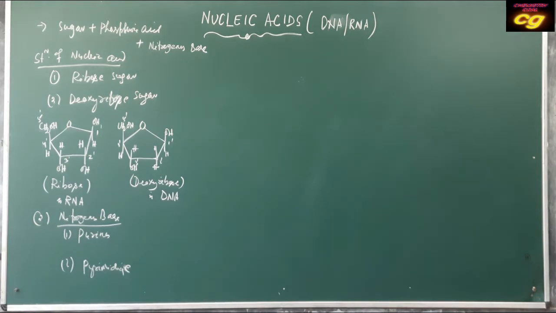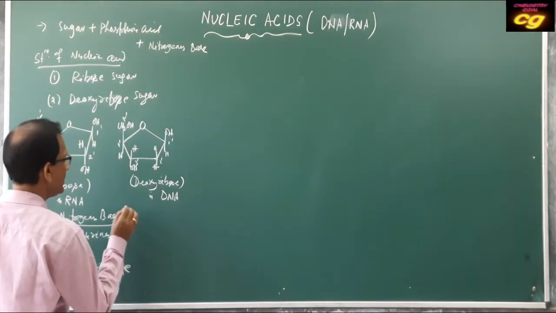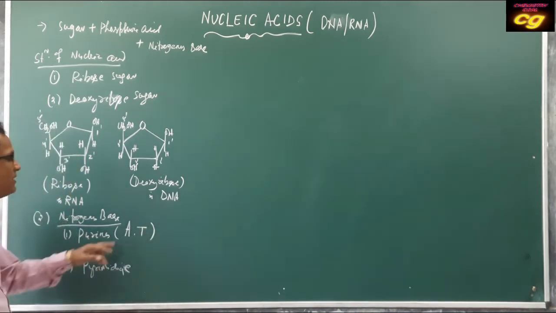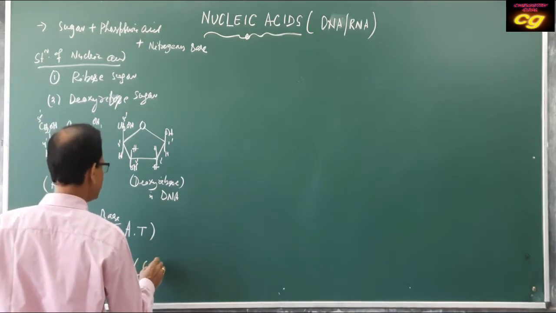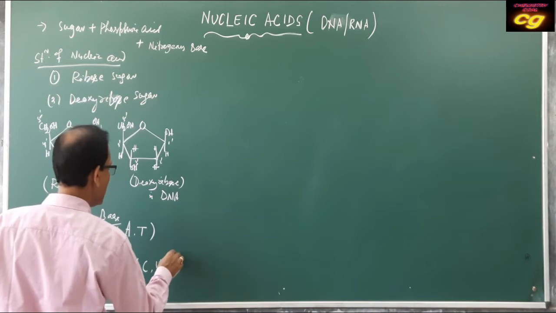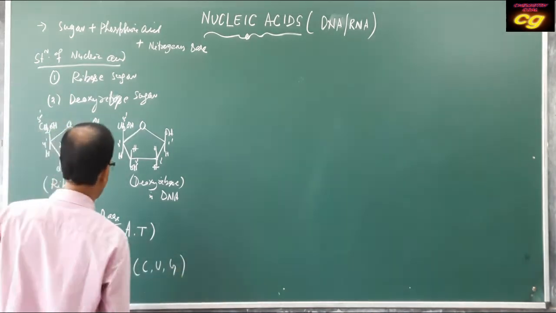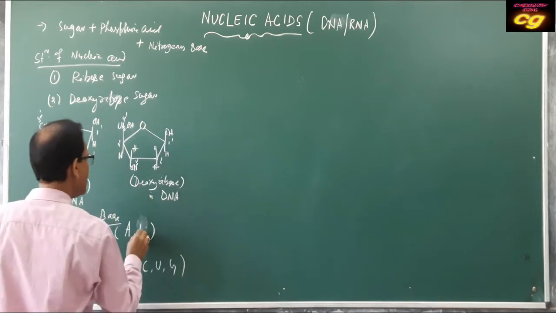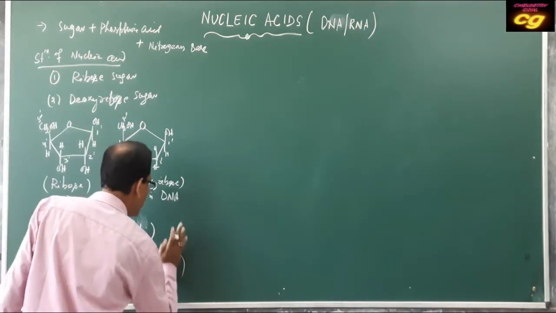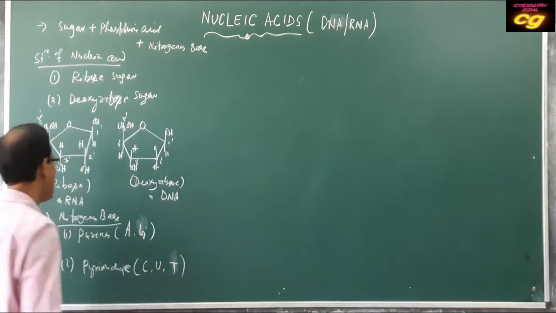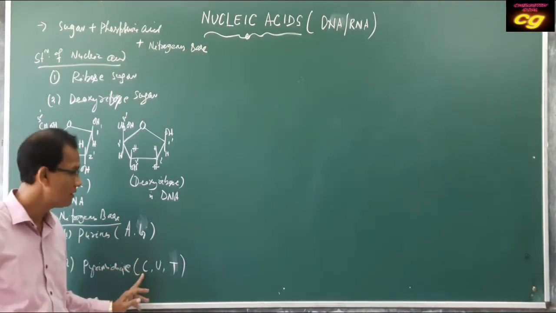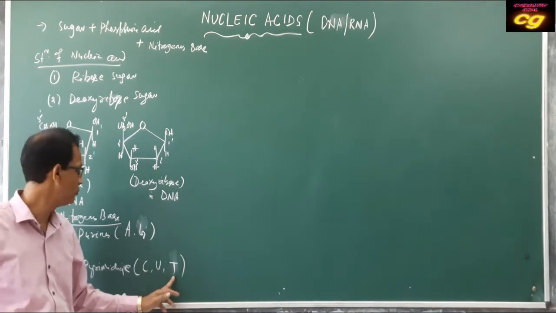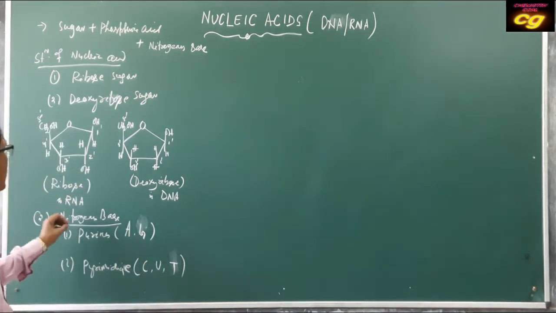Purines contain adenine and guanine, A and G, and pyrimidines contain cytosine, uracil and thymine. The only difference is in the cyclic structure of purines and pyrimidines.